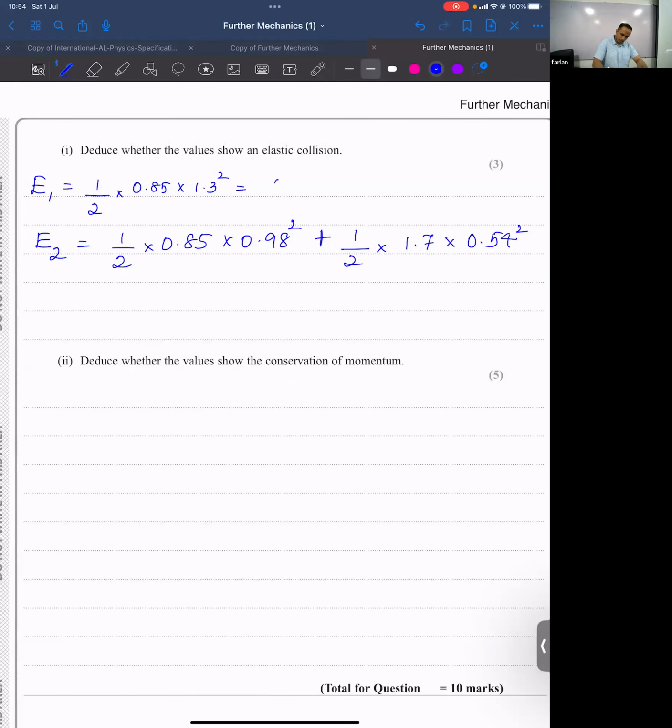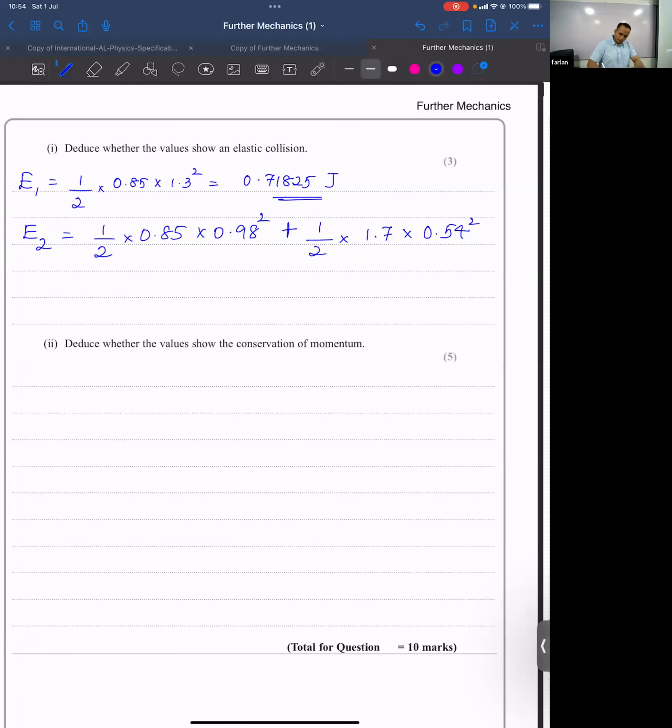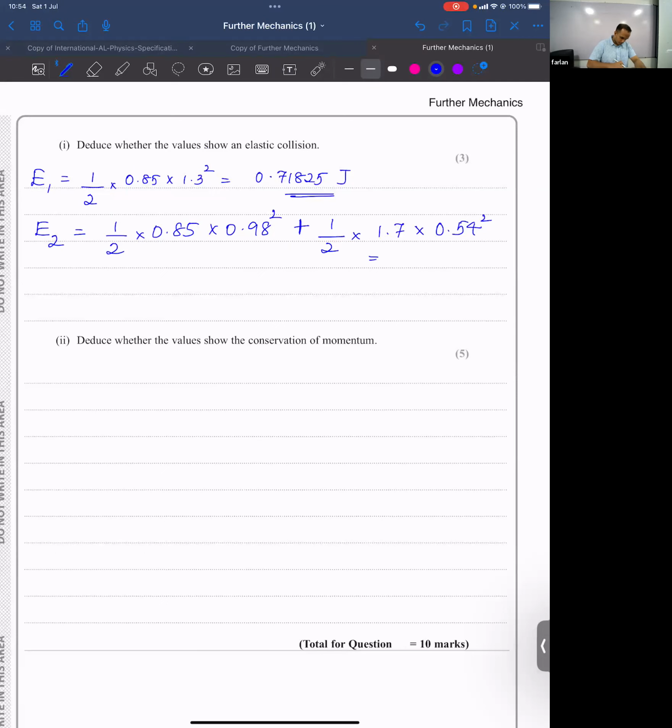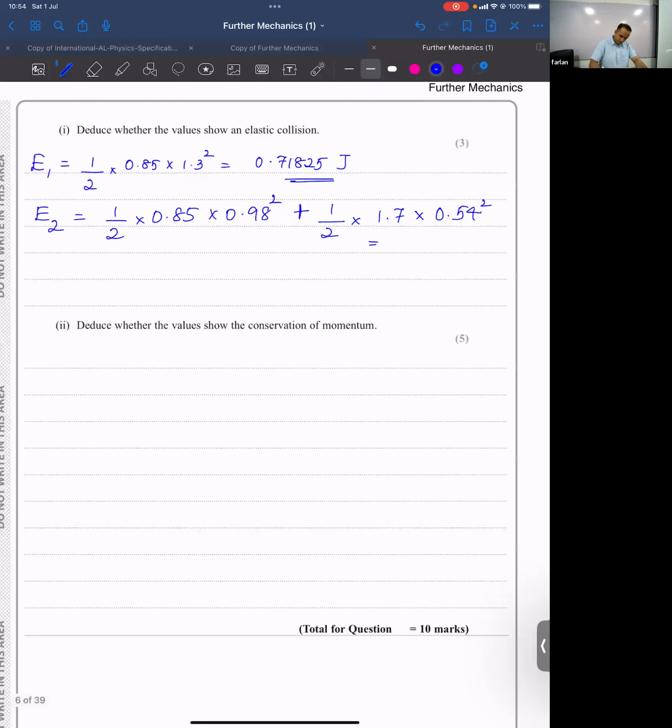I'm getting 0.718 25 joules. For the E2, I'm getting 0.65603.